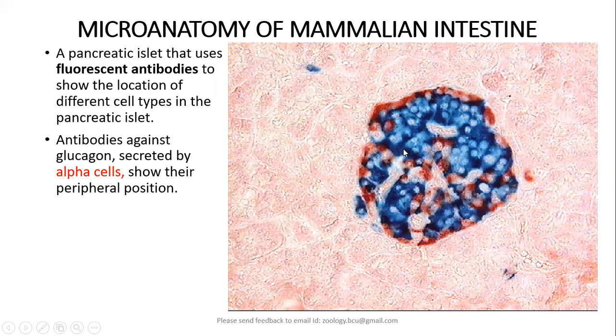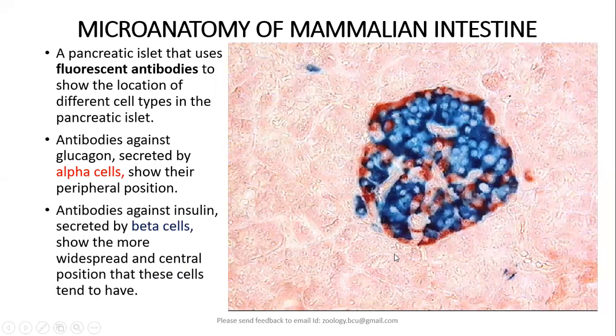So the antibodies against glucagon are used, and they go and bind to the alpha cells. The red color cells indicate the alpha cells, which are in the peripheral position of the islets of Langerhans.